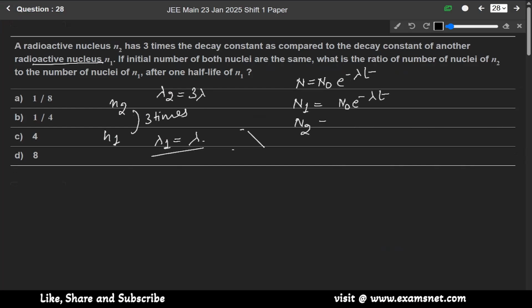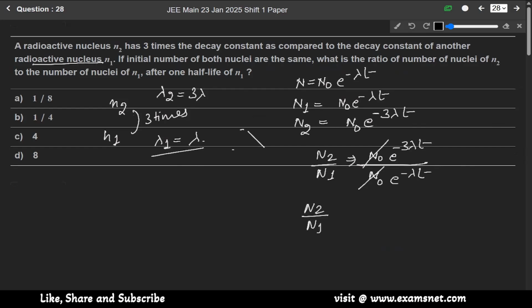For the second particle, we will write N naught e to the power minus 3 lambda t. So N2 over N1 will be equals to N naught e to the power minus 3 lambda t over N naught e to the power minus lambda t. This N naught gets cancelled out.